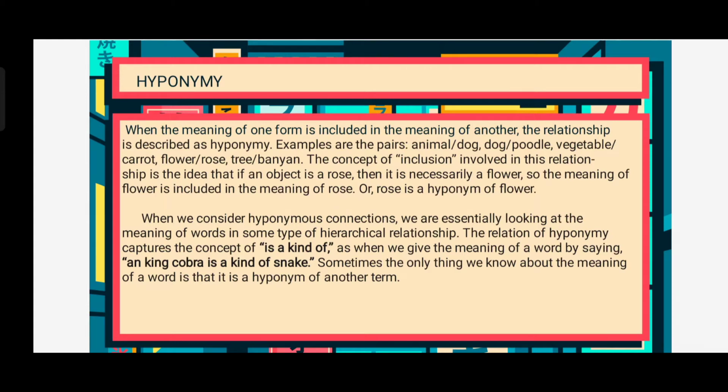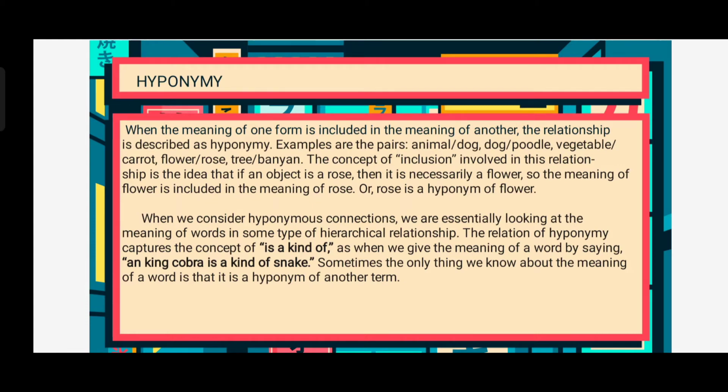The concept of inclusion involved in this relationship is the idea that if an object is a rose, then it is necessarily a flower, so the meaning of flower is included in the meaning of rose, or rose is a hyponym of flower.